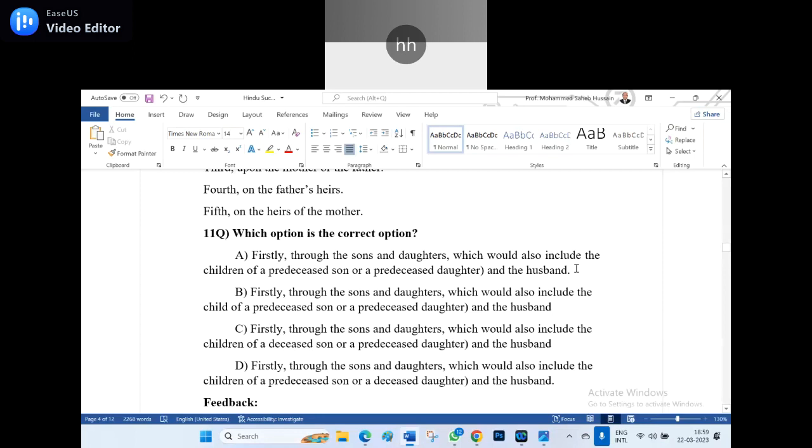But when you see the second one, the sons and daughters would also include the child of the predeceased son, but I removed the predeceased here, or a predeceased daughter and the husband. Something I changed. Can you tell me what I changed?